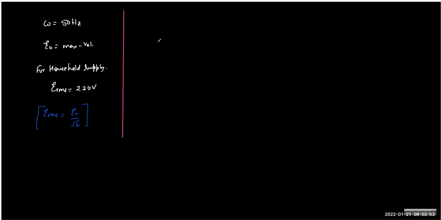But what you are supposed to remember is that in India, the frequency which we develop is 50 hertz. Okay, now this is my bad, this is the frequency part. This is f. So the frequency is 50 hertz, and we can find omega as 2 pi f, which is 100 pi radian per second.